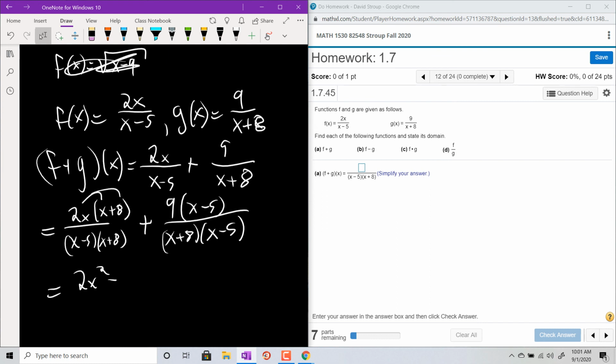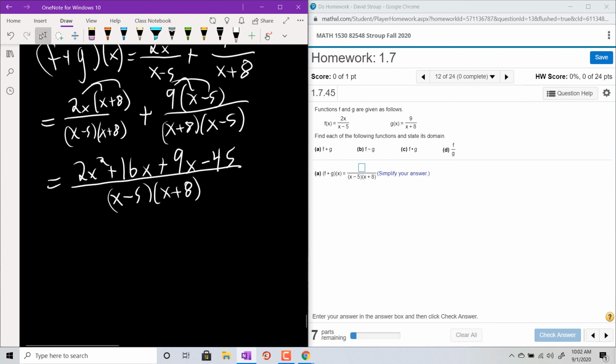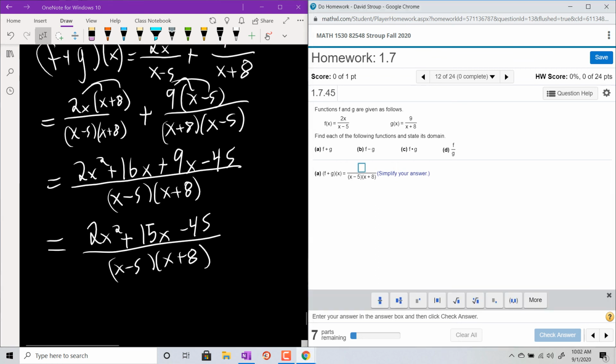So 2x squared plus 16x plus 9x minus 45, all over the denominator, x minus 5 times x plus 8. Combine like terms in the numerator: 2x squared plus 25x minus 45 over x minus 5 times x plus 8. And then we can put that into our answer.